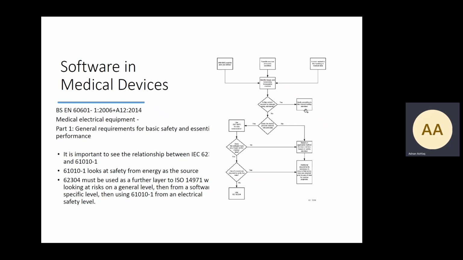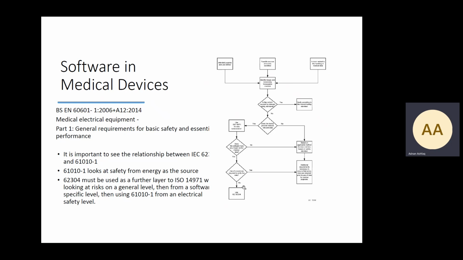If yes, then verify according to the relevant safety standard. If no, the next question then is, does the device provide medical relevant data? If it's yes, then use ISO 14971 for risk management. If it's no, then select an applicable method for risk control based on safety standard. And then following through, does the software have any impact on the medical data? If it's no, then again, select applicable method. If it's yes, then use of procedures required to verify the data.